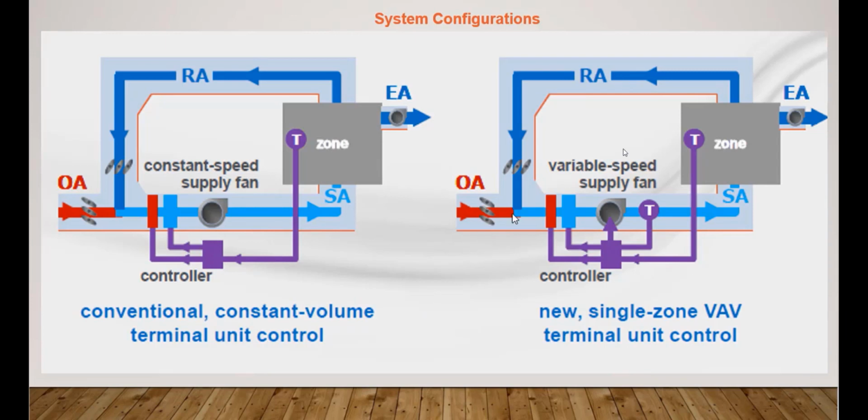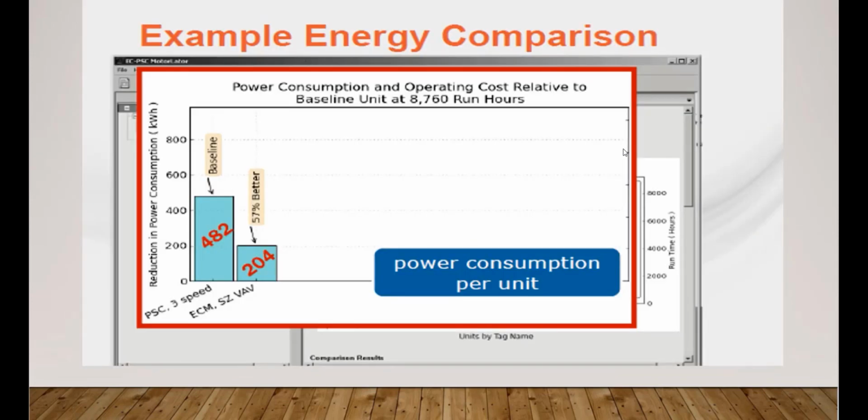It is very good to have more reliability in the system. In this slide, you can see how the ECM using VAV motors can save more energy than the PSC normal 3-speed motor. So there is more efficiency in saving power consumption in the VAV ECM motors.